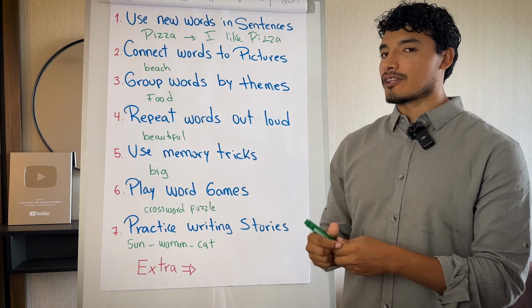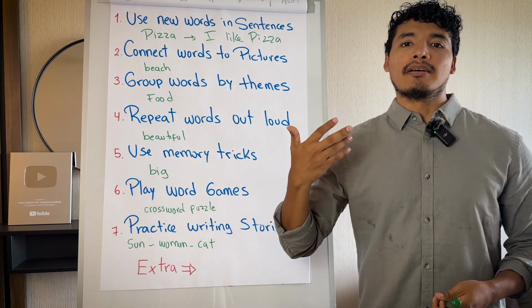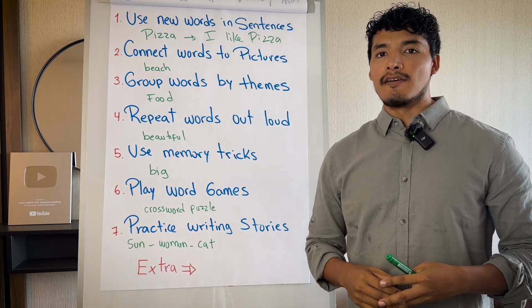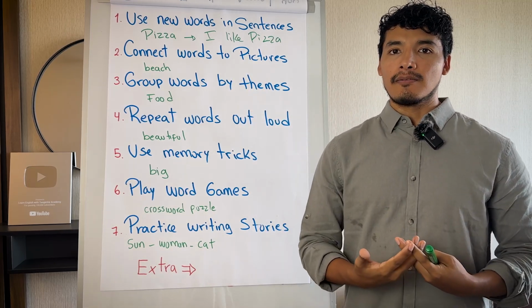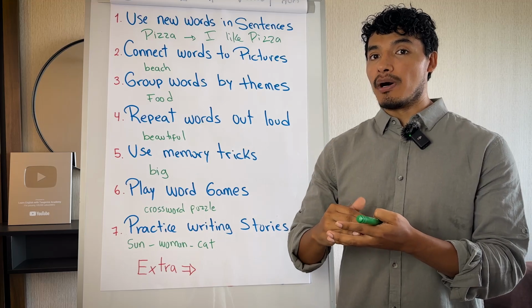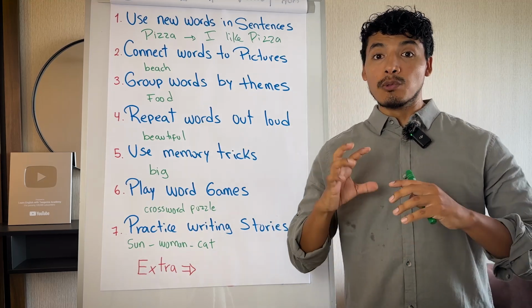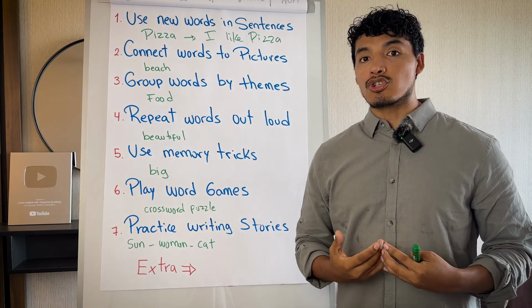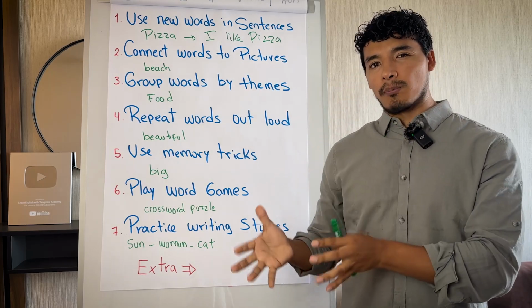So what is this? For example, food, pizza, spaghetti, fruits, vegetables, fish, chicken, different kinds of food, but that is only a group. Then with this group, you can create sentences or mental pictures just by groups.